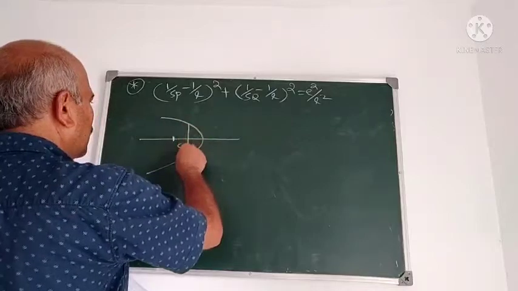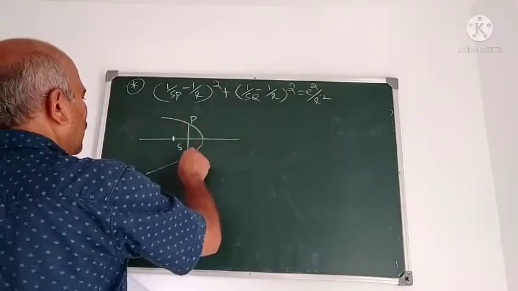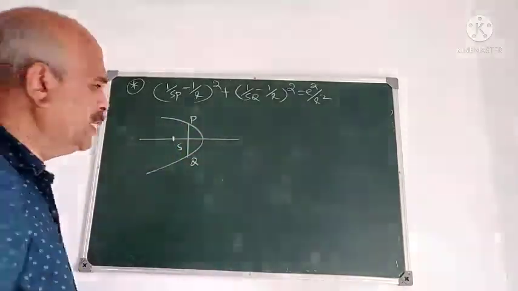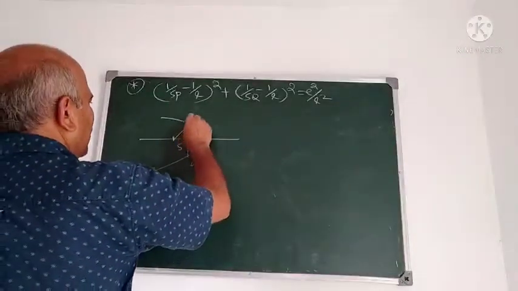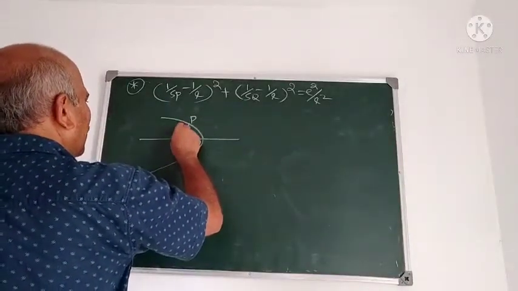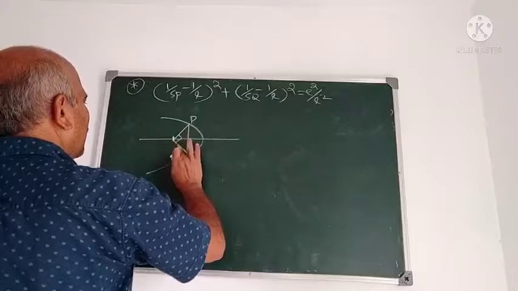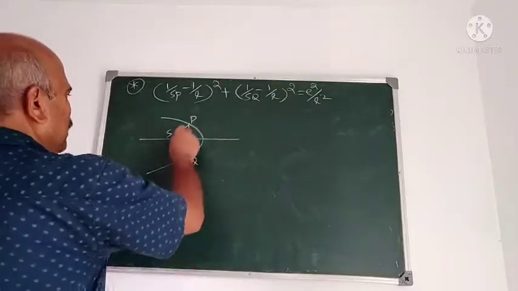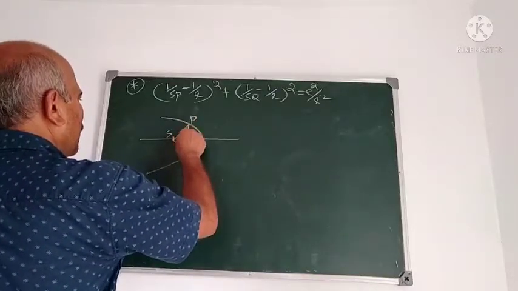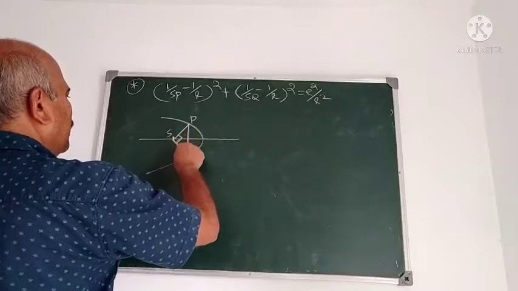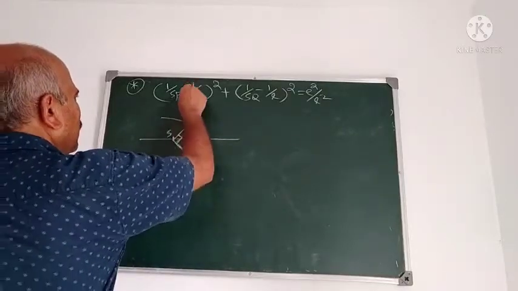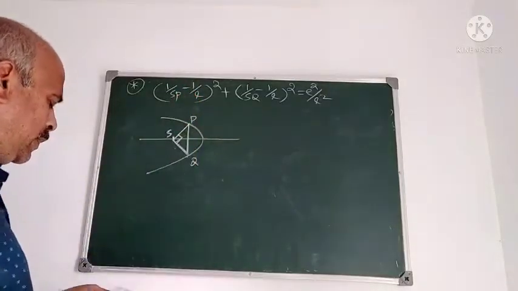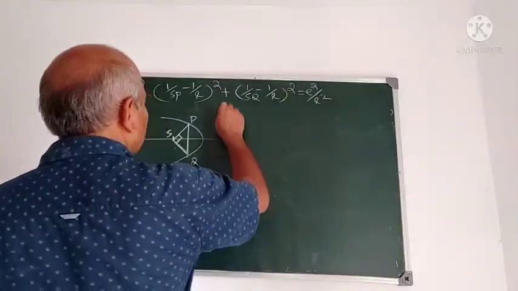Suppose this is the chord. It need not be a focal chord. It is any general chord. It subtends a right angle. This is the right angle here. It subtends a right angle at the focus.